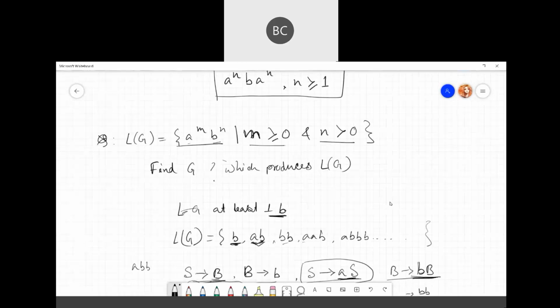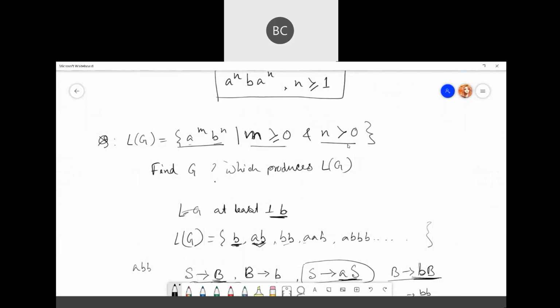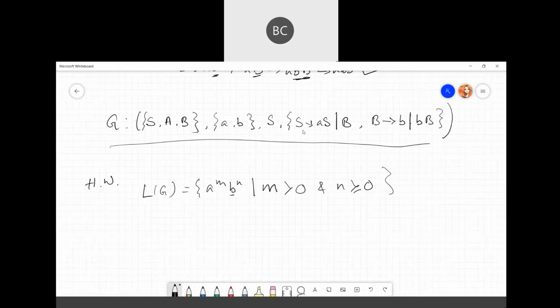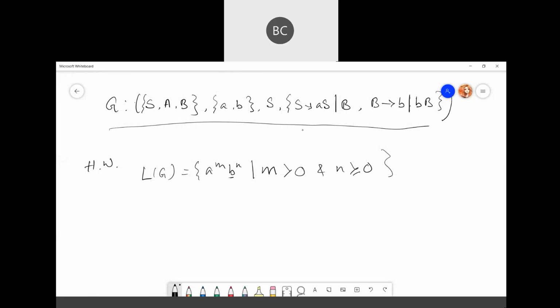Initially I said m is greater than 0 and n greater than 0, that means there will be at least one b. Now in this condition, there will be at least one a in the string. Any string you take, there will be at least one a, and there might be one b or might not be any.